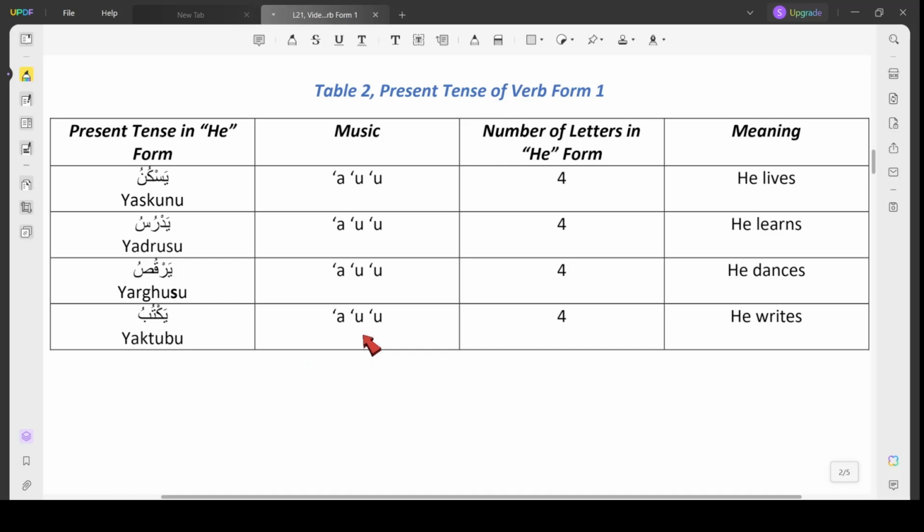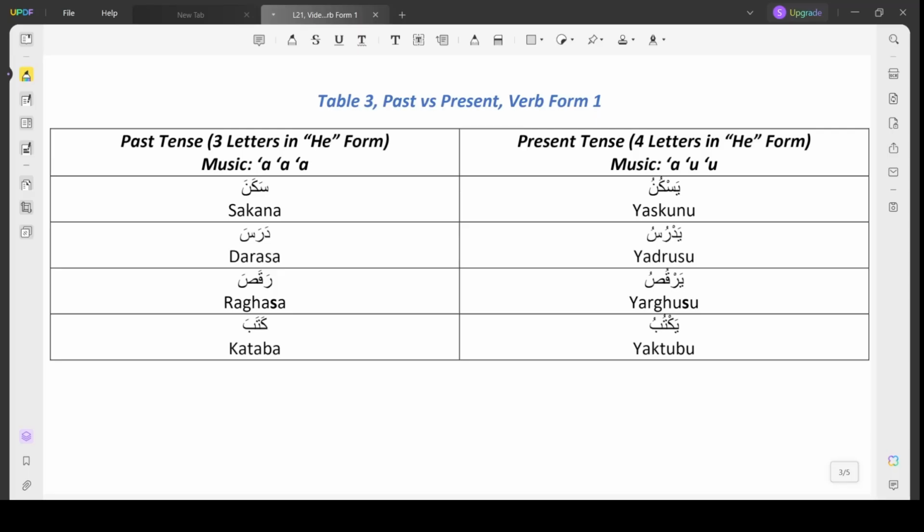Now all of them in a row. Yaskunu. Yadrusu. Yarqusu. Yaktubu. Again, they all have the same music and the same number of letters. If we look at them, all of them have 4 letters. Now let's move on to table 3 to put the past tense and the present together.